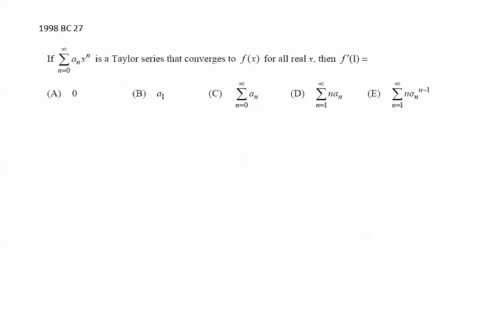Now the easiest way to do this, if you know that f of x is the sum from n equals 0 to infinity of a sub n times x to the n, then f prime of x is just going to be the derivative of the general term there.